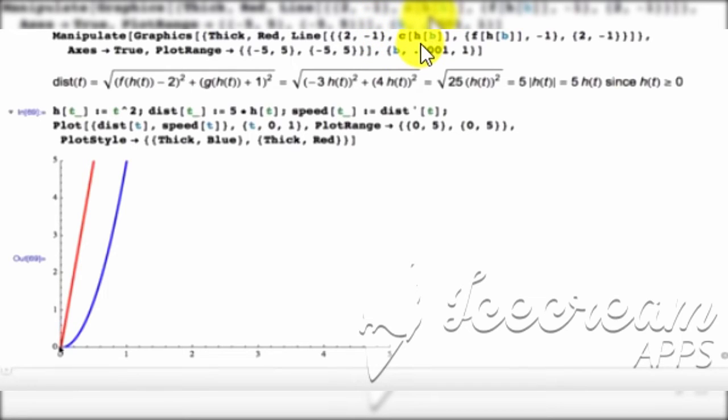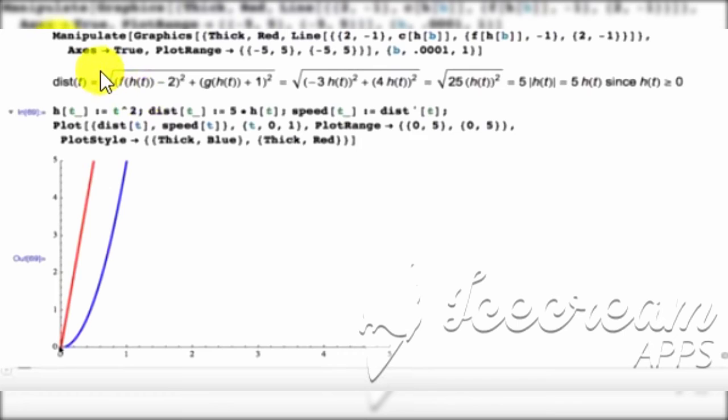Show in Mathematica is used to combine multiple plots. For example, if we have g of t and f of t, we just write them separated by a comma. We don't have to write the whole thing again and again.